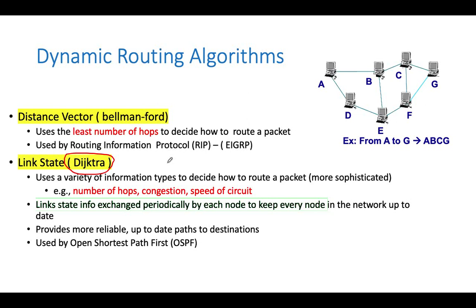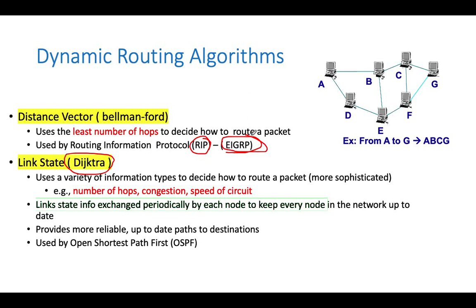However, they use two different algorithms. The Bellman-Ford, you may have heard of a protocol called RIP, which is the old protocol, and the latest update, which is EIGRP. Both of those use Bellman-Ford.